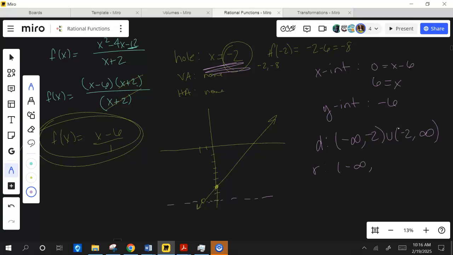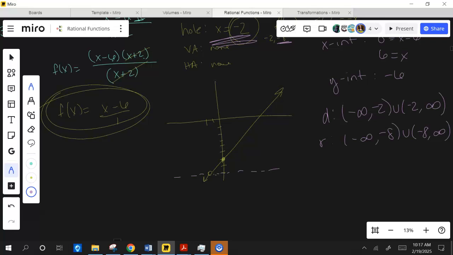And so I got to leave it out, right? And that y value we said was -8. Yes, holes and asymptotes get left out. Because this graph has a hole right here. So as I move from the bottom up, I skipped that space.